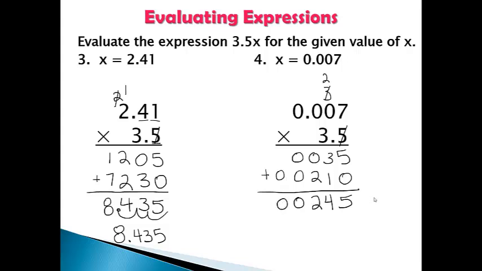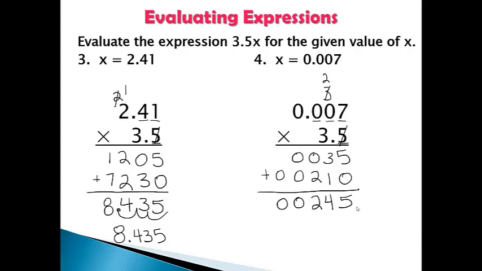Now we need to put our decimal in our answer. So we need to go back to the original problem and see how many digits we have after the decimal. So for 7 thousandths, we have a 0, another 0, and a 7 all after the decimal, or 3 digits after our decimal. For 3 and 5/10, we have just the 5 after the decimal, so 1 digit. Now we add those up. We have 3, plus 1 more is 4.